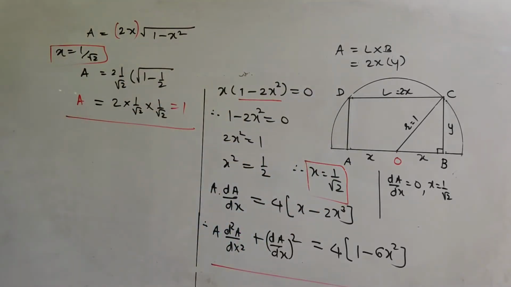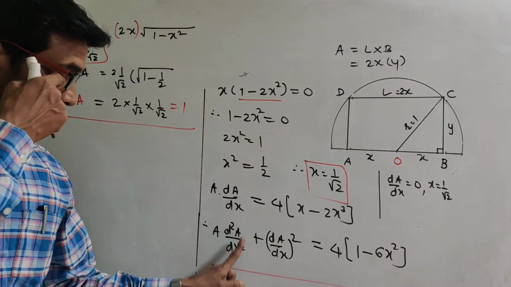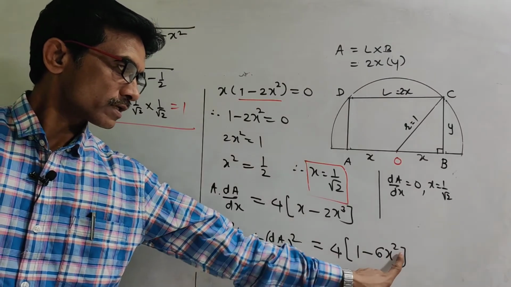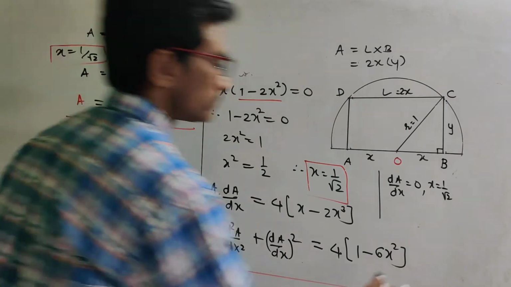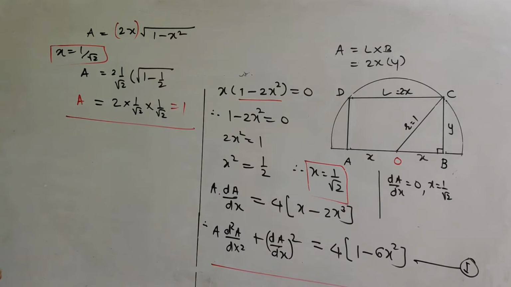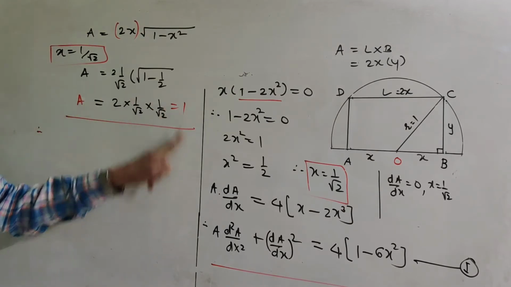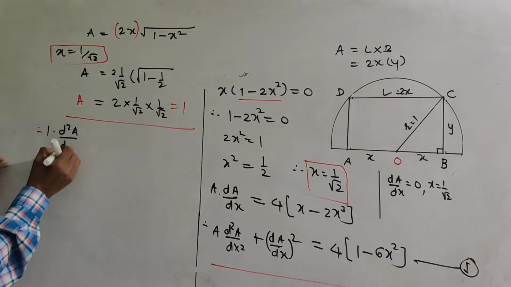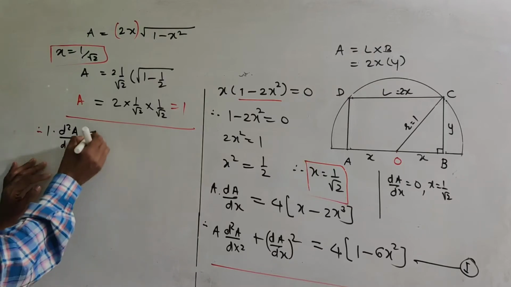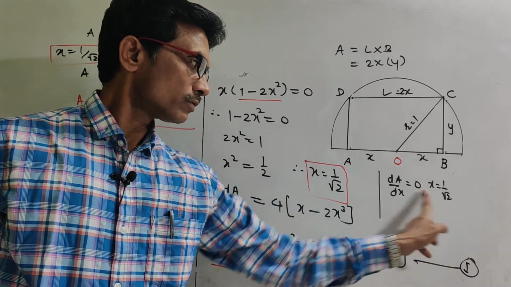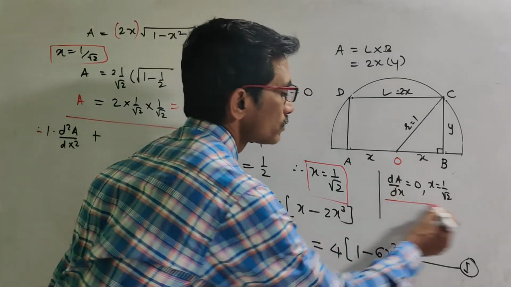Now look at this equation: A d square A by dx square plus (dA by dx) whole square is 4 minus 6x square. Here we substitute x equals 1 by root 2. But area A is equal to 1. So it is 1 into d square A by dx square plus dA by dx, and as x is 1 by root 2, dA by dx is 0.